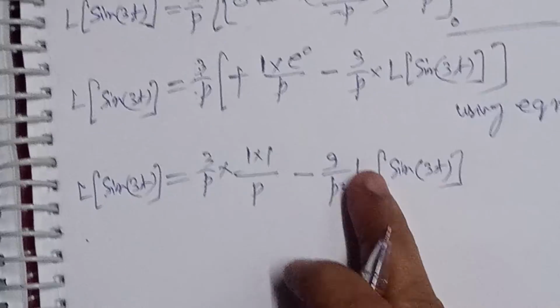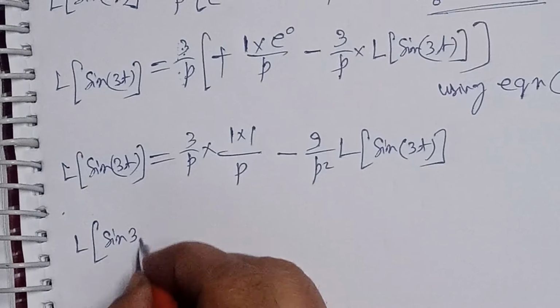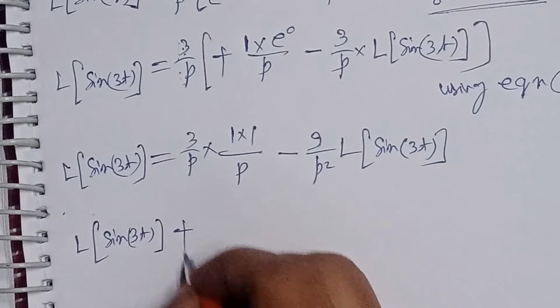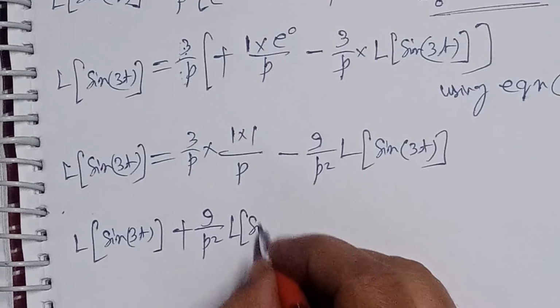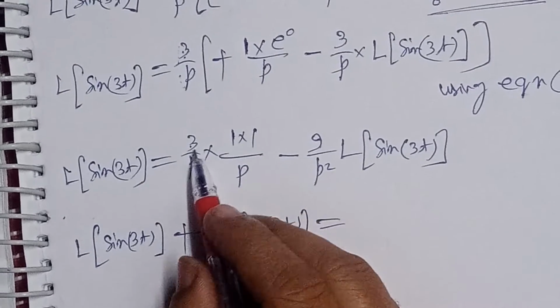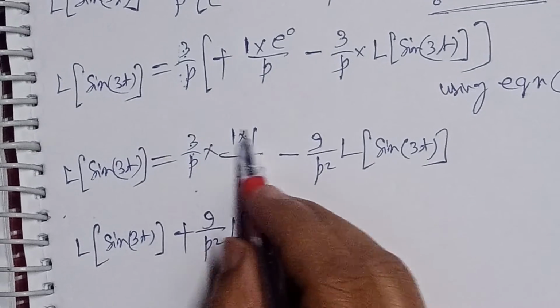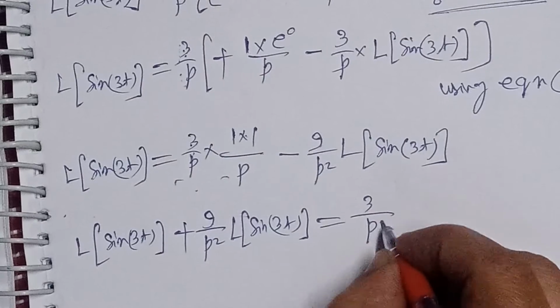Transpose this value to the left hand side. Laplace of sin 3t plus 9 upon p square Laplace of sin 3t is equal to 3 upon p into 1, 3 upon p square.